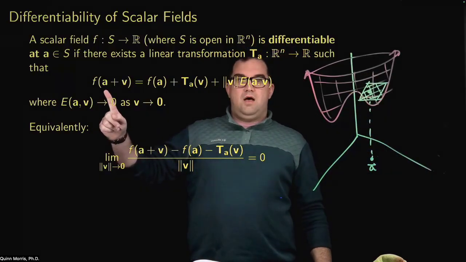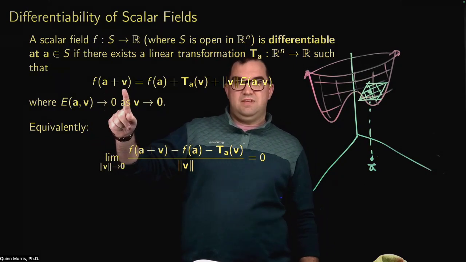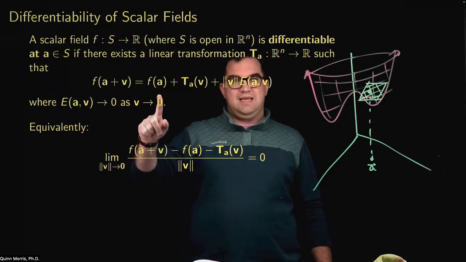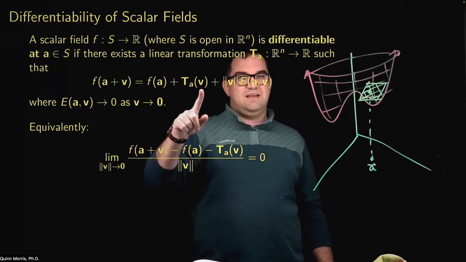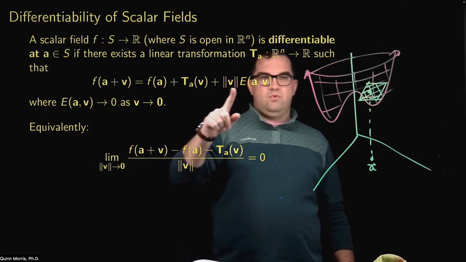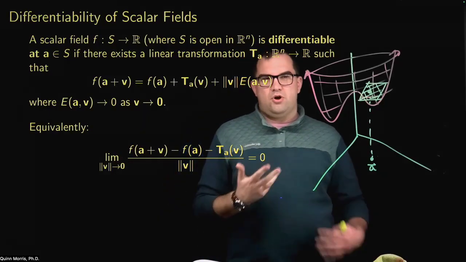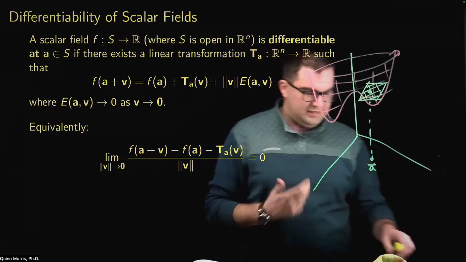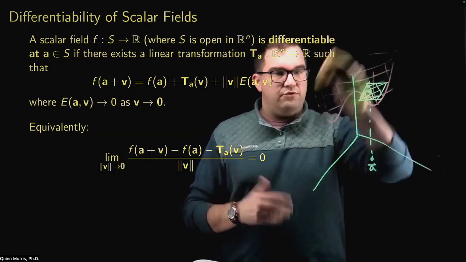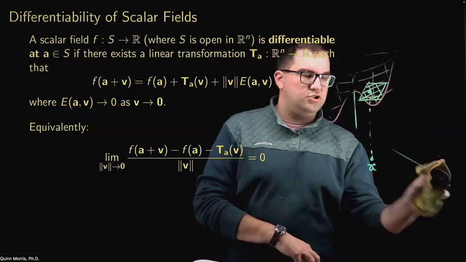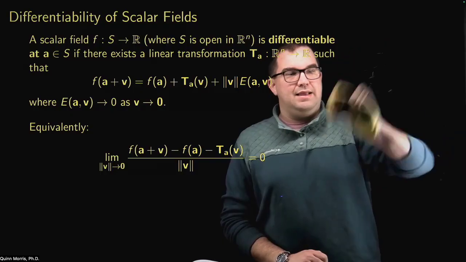We can approximate f of a point near A, so A plus V. I can approximate that point by just taking f of A and then applying this linear transformation T sub A to the difference V. And there'll be a little bit of error, but these conditions basically say it ought to be small. So that's what differentiability ought to mean here. The big difference is that for scalar fields, our definition of differentiability is really that the function is well approximated by some sort of tangent plane.